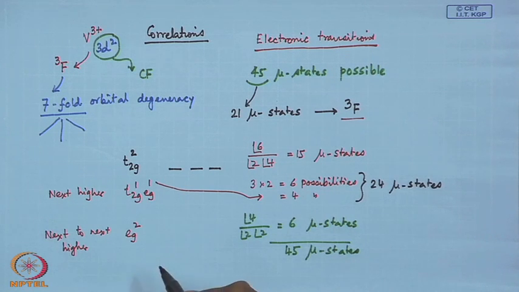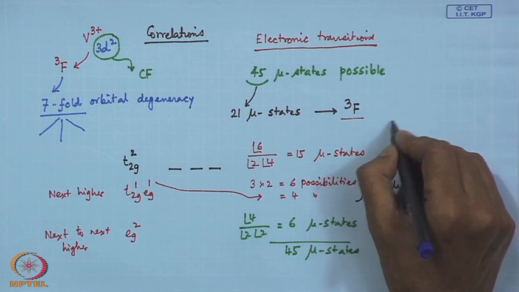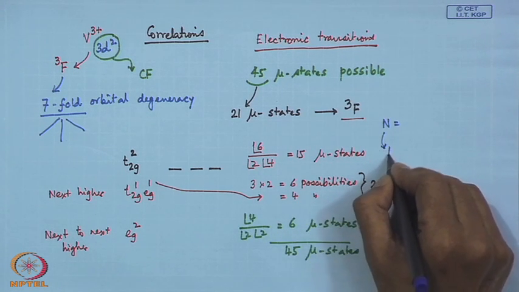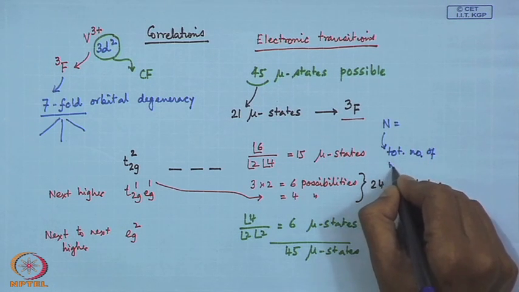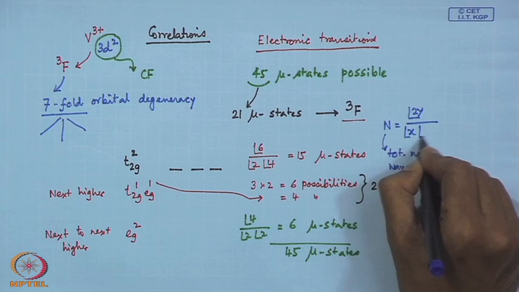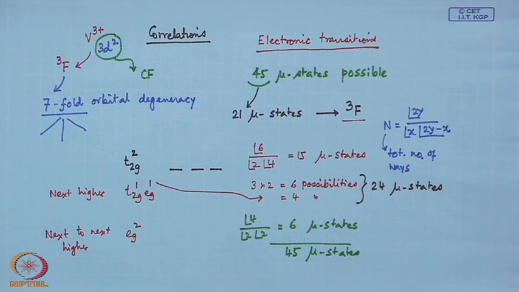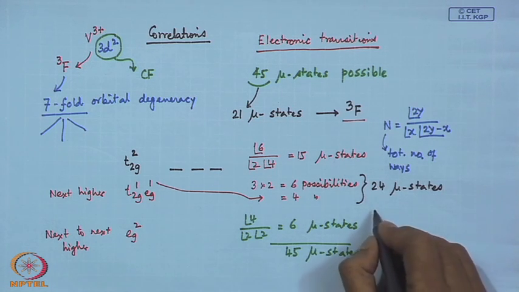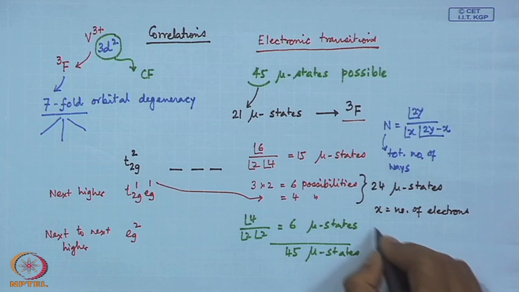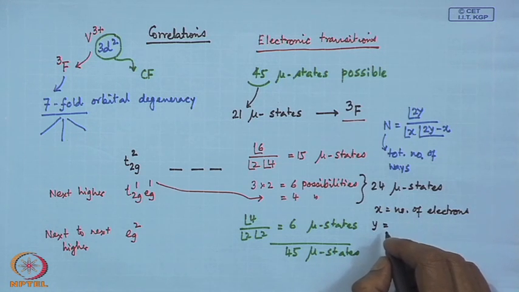So if we now correlate those 45 microstates from the left to the right of those states, basically how we get the number of electrons and the total number of ways, what we are finding from the general relationship is n, the total number of ways we can distribute these microstates, which is factorial 2y divided by factorial x into factorial 2y minus x, where x is the number of electrons and y is the number of orbitals.